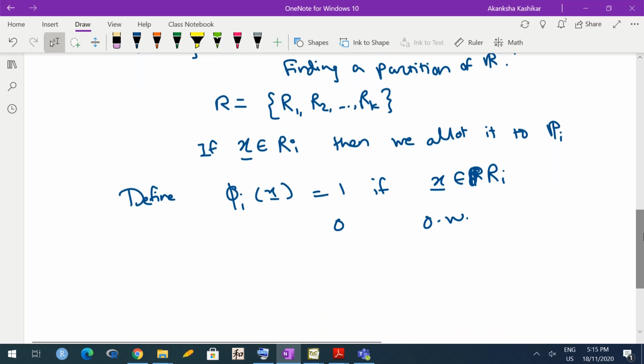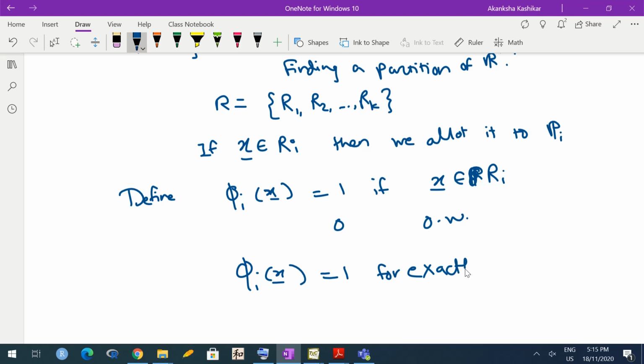Now, a couple of things to be noted. phi_i(x) is an indicator, so it takes only 1 and 0 as possible values, and because the Ri's form a partition, phi_i(x) would be equal to 1 for exactly one i, for a fixed x. Let me repeat. For a fixed x, phi_i(x) would be 1 for exactly one i, because x would belong to exactly one of the Ri's.